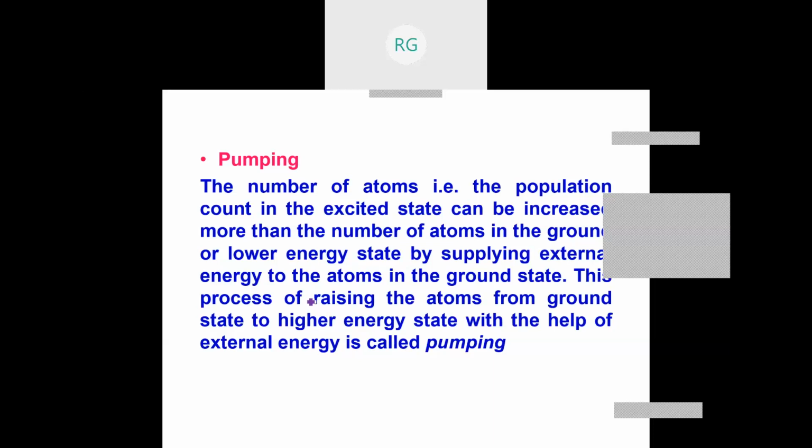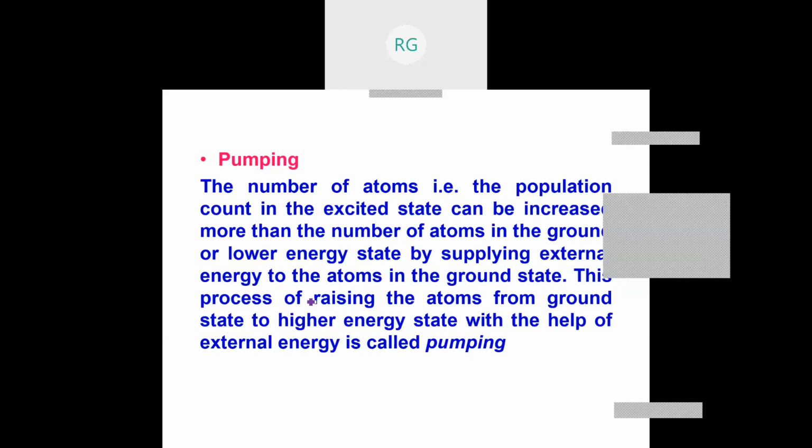Thereby we can see that the external energy used for pumping to get population inversion is not the only sufficient condition. You need another condition: a state having a longer lifetime.